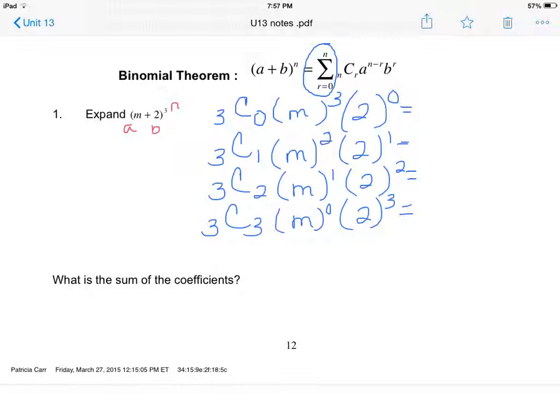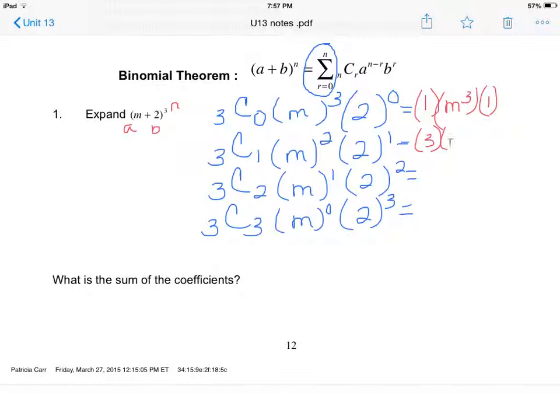All right, so then you're going to put each piece in the calculator so that you can summation this. On the calculator, combination of 3 things taken 0 at a time is 1. M to the third power is m cubed, times anything to the 0 power is 1. Combination of 3 things taken 1 at a time is 3.